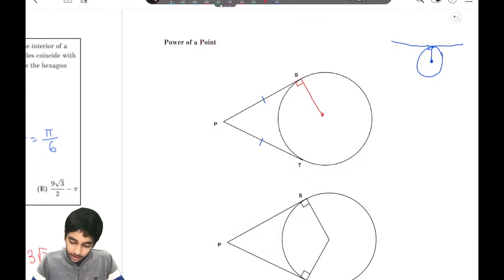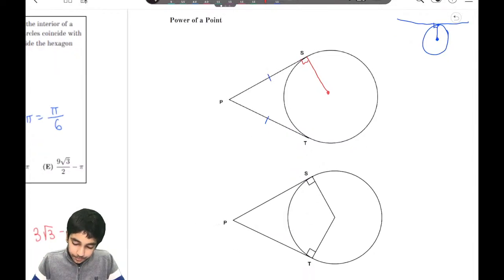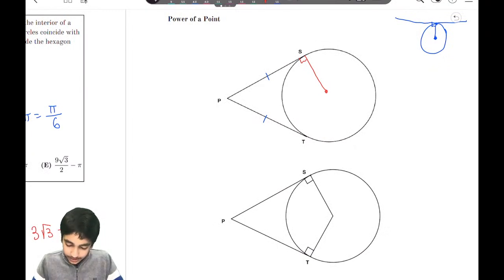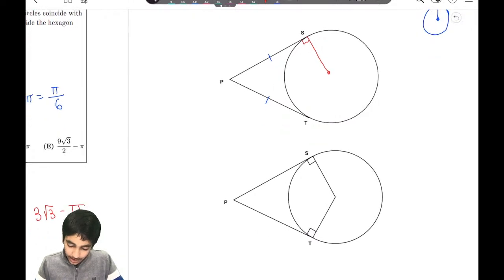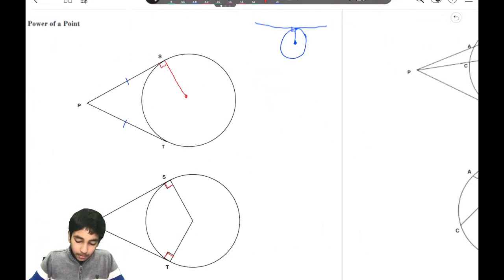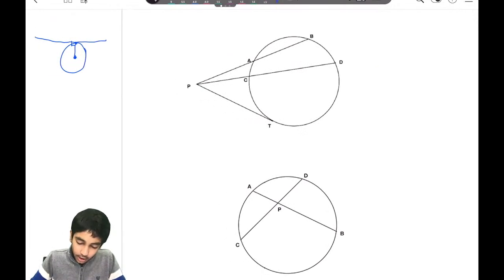So Power of a Point states that two tangents are equal. And similarly here, we have that two tangents will be equal in this case too. So the two tangents are equal, and they form 90 degree angles. Both very powerful properties. The next part of Power of a Point is actually the harder part of it.